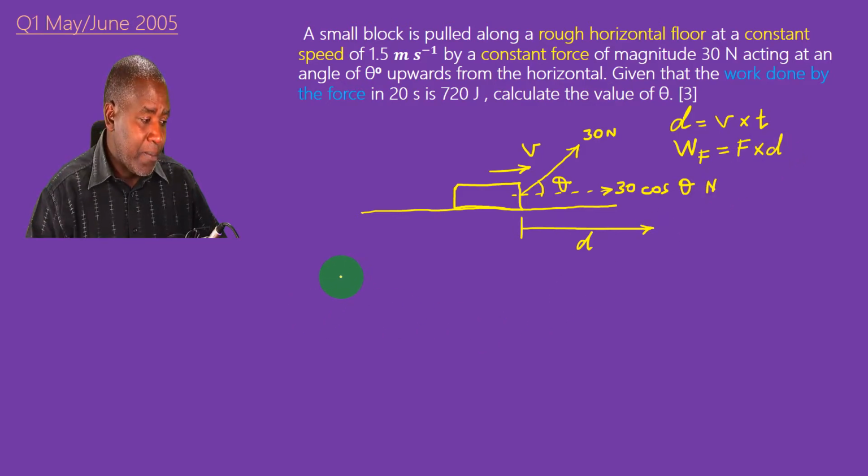In this case, work done by this force, we are going to call it F. Work done by F is going to be equal to the horizontal component of that force, which will be F itself, cos theta, of course, times the distance moved.